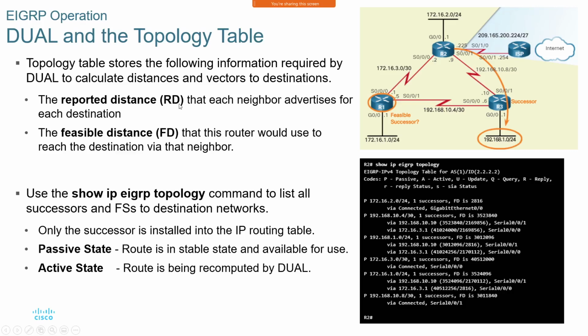Now, the reported distance that each neighbor advertises to each destination is called the RD. The feasible distance is what the router would use to reach the destination via that specific neighbor. This is just the definition of the routes that exist on every single one of the routers themselves.